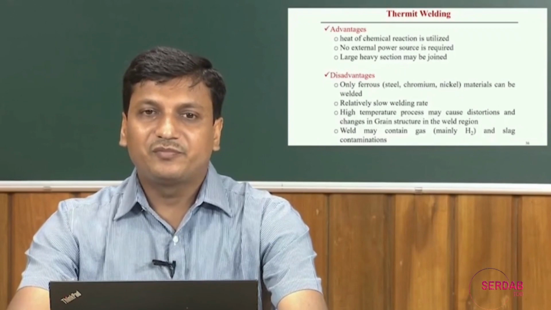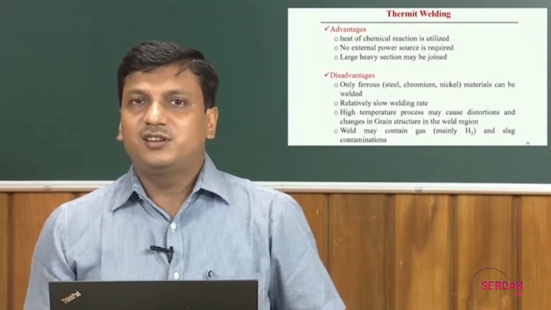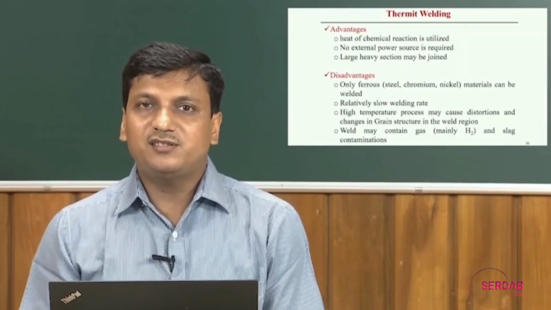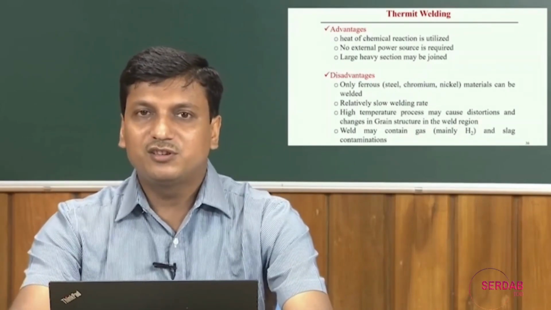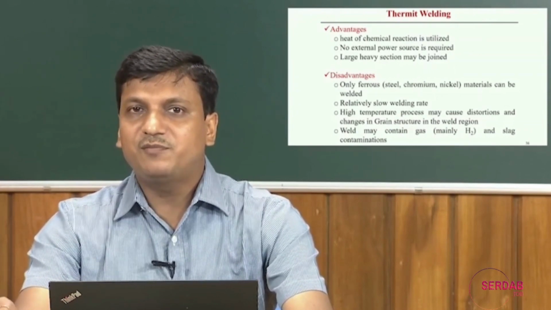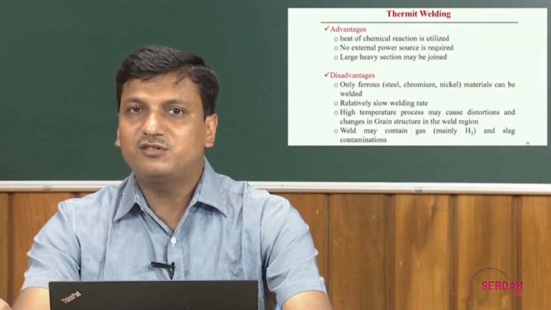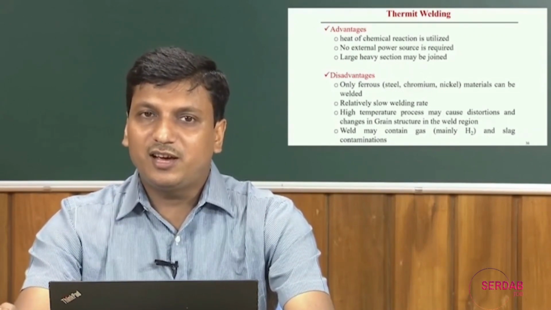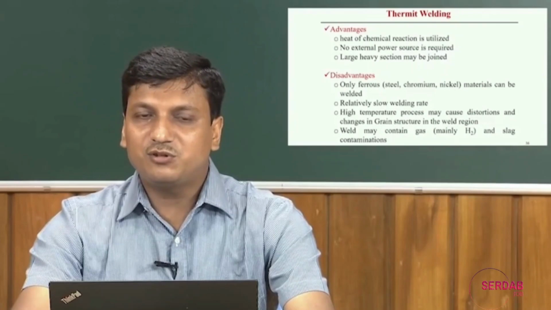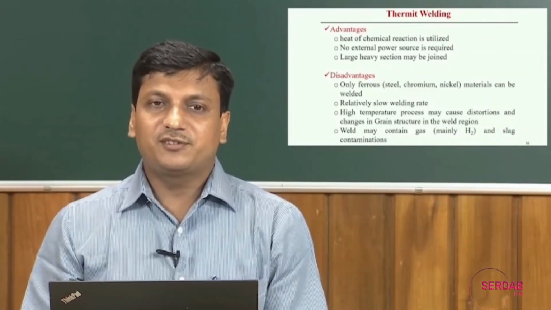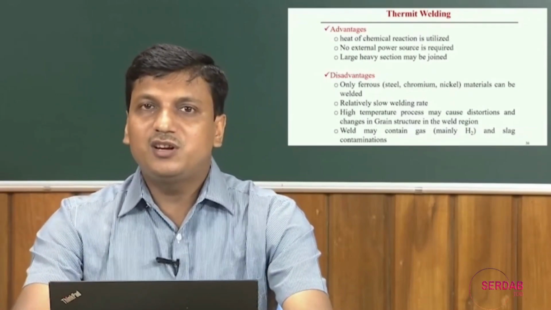can be welded, and that means you need to choose the material so that the reaction occurs in such a way that the heat generated can produce the metal, but at the same time the production of pure iron from the equation we have seen becomes a part of the actual welded joint. That is why there is a limited combination of material and thermite.